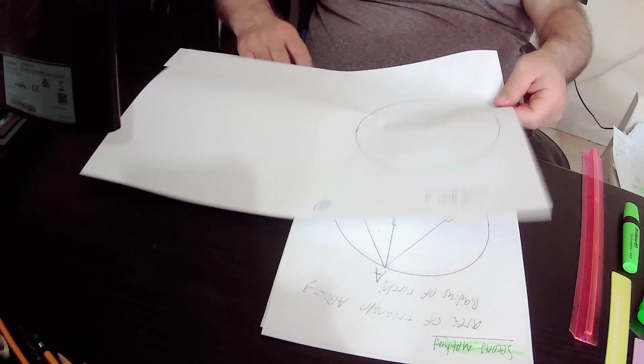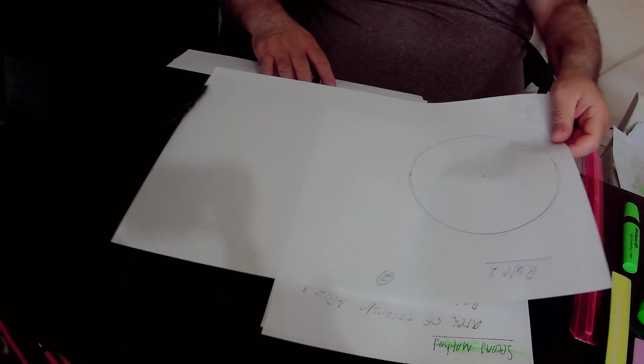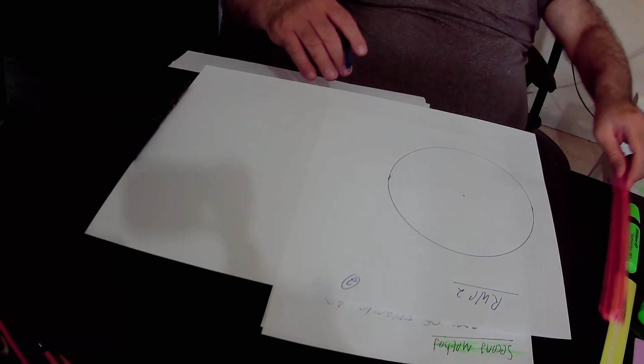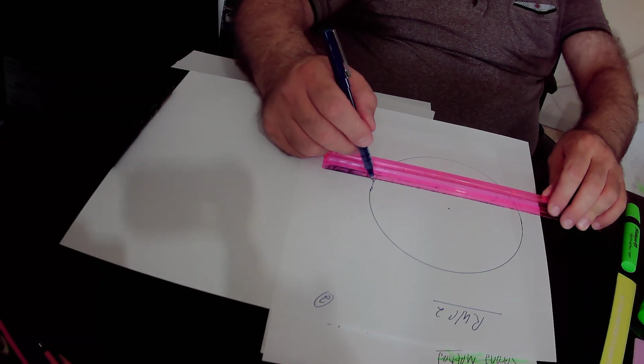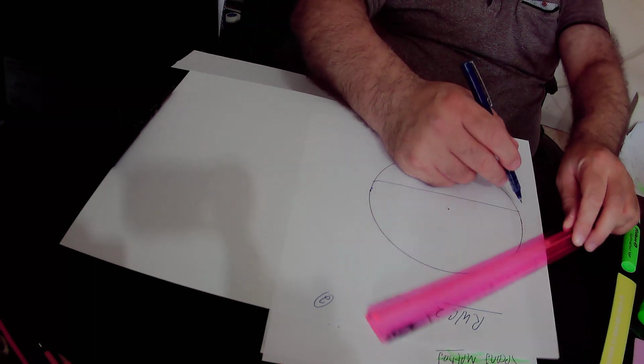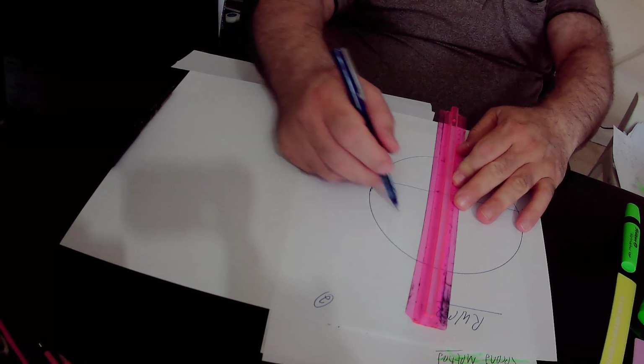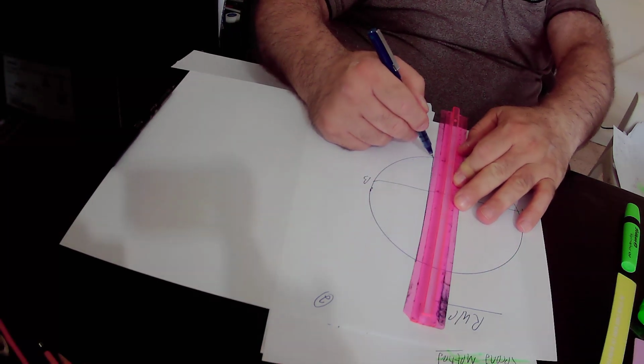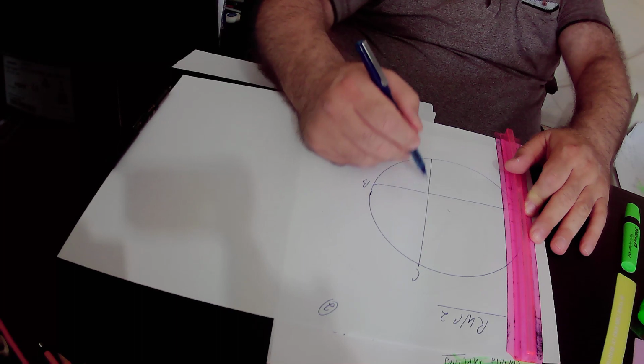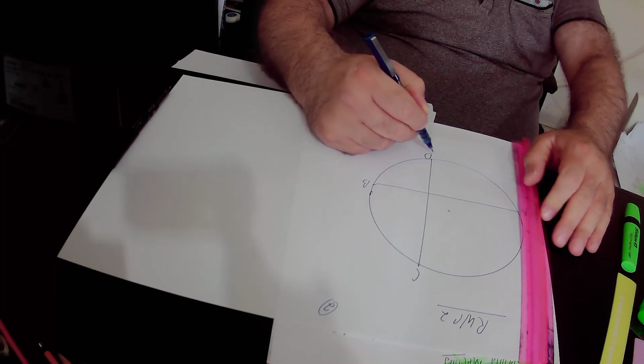So if we have this circle, we have chord AB, this is chord AB, that intersects with chord CD, this is chord CD, so they intersect with each other at 90 degrees.